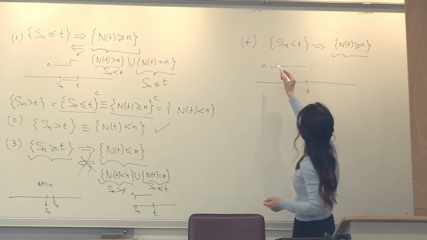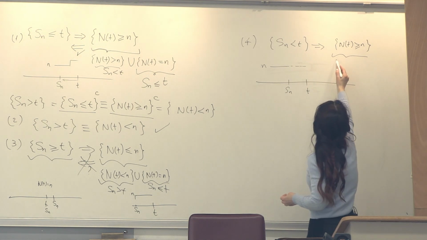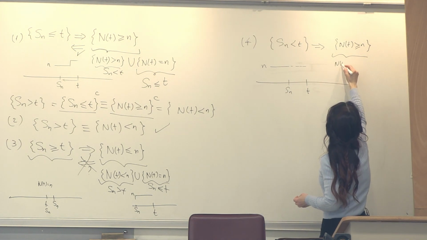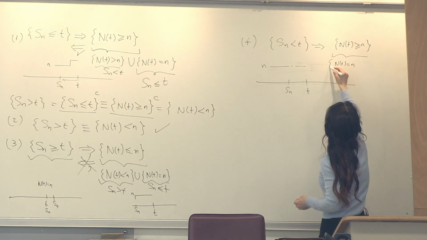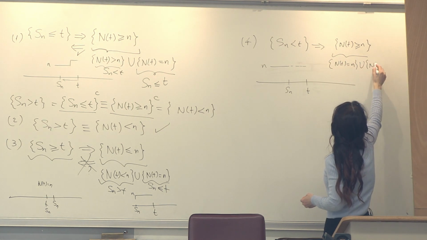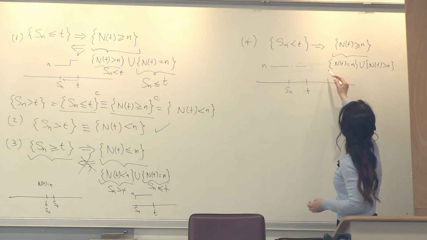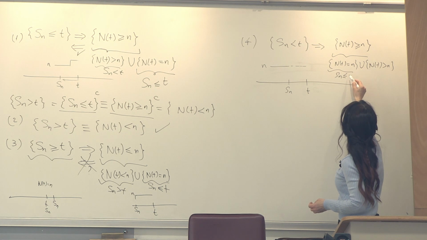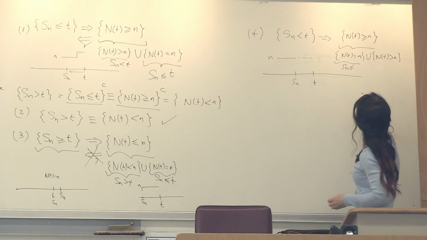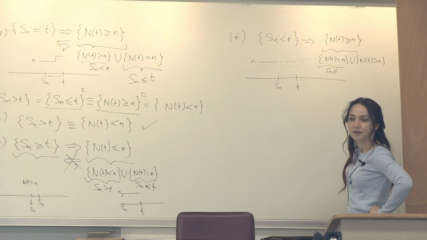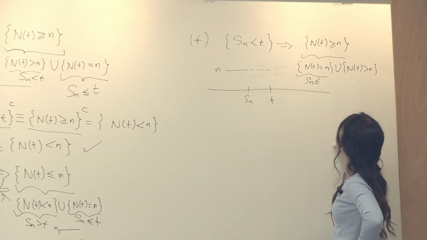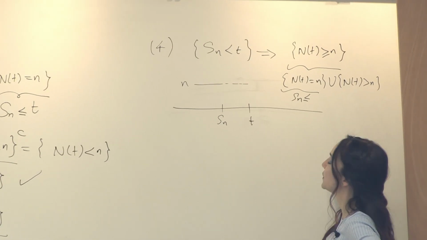In order to see it better, this says N(t) is equal to n, or N(t) is bigger than n. N(t) is equal to n means Sn is less than or equal to t. Now there's a problem.